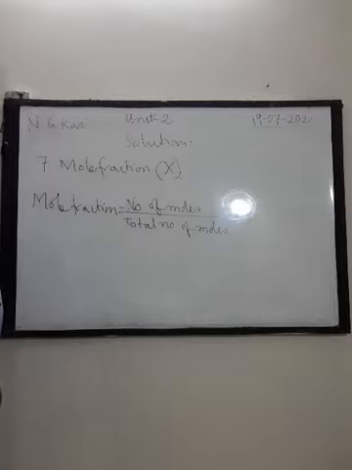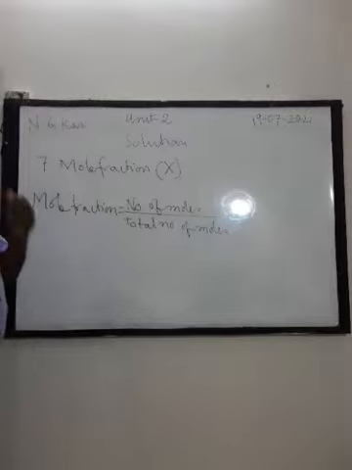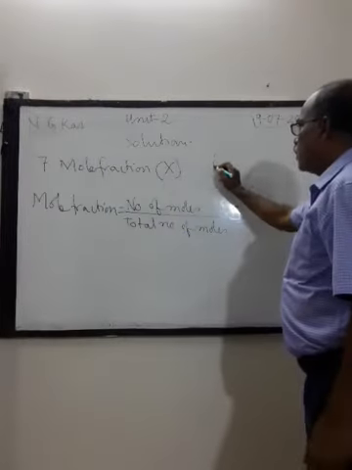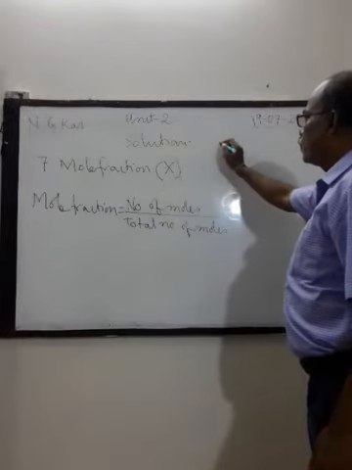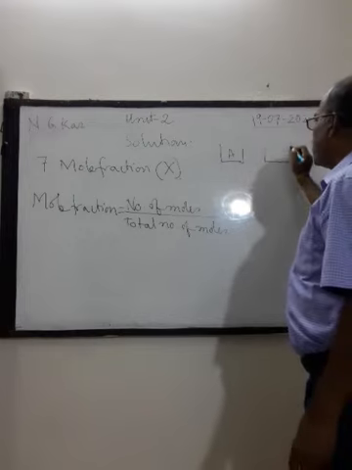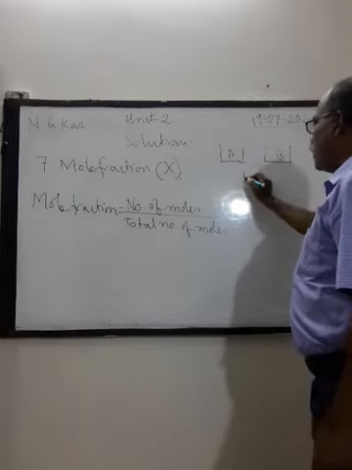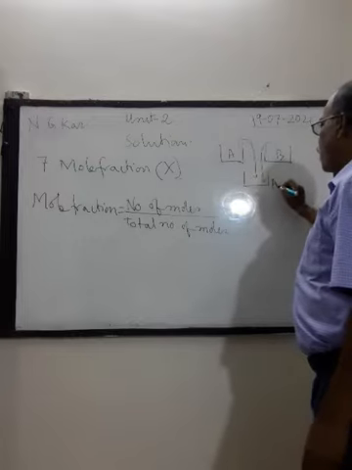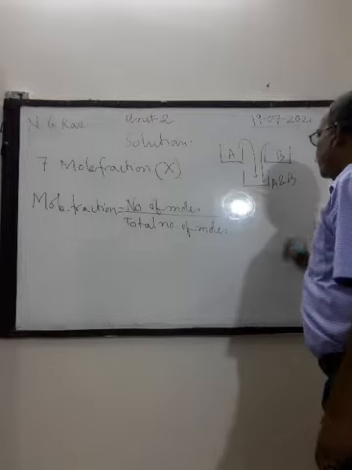Now if we consider a binary solution where 2 components are present, say this is component A and this is component B, and both of them are mixed together. So here A and B are present.